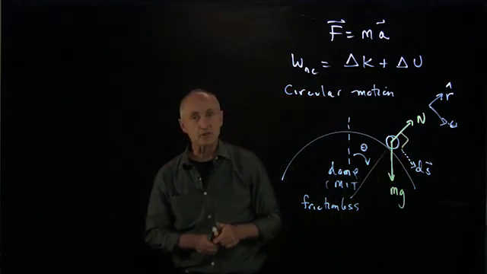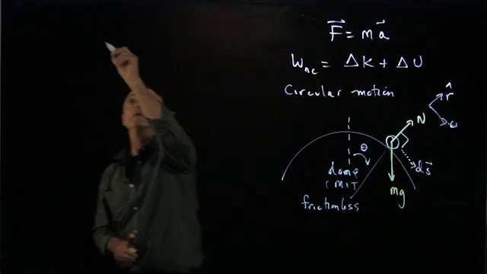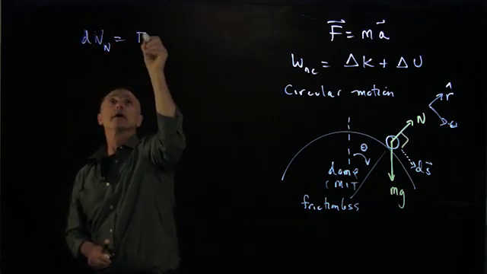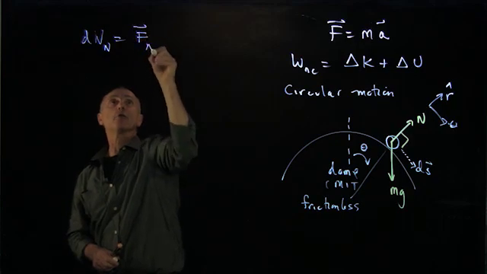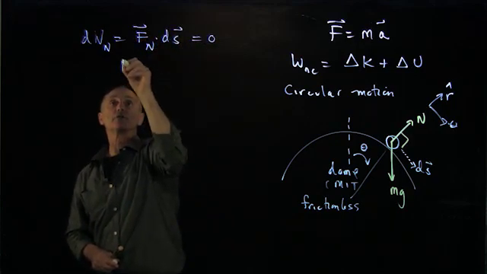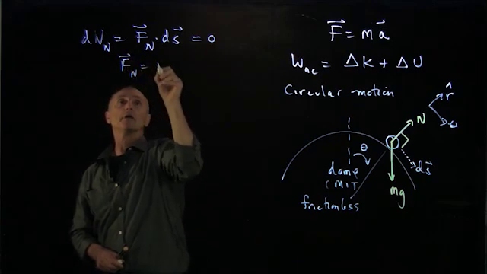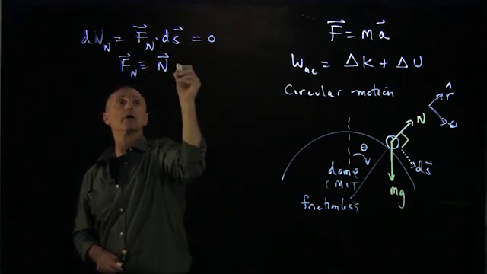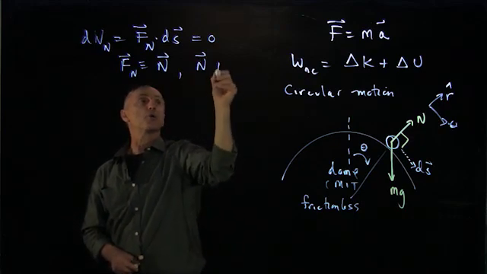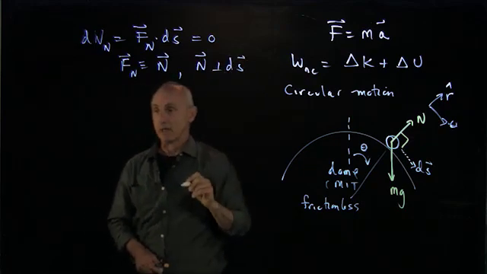Now, what that means is that the work done by the normal force, F normal dot ds, is 0, because the normal force is perpendicular to the displacement.